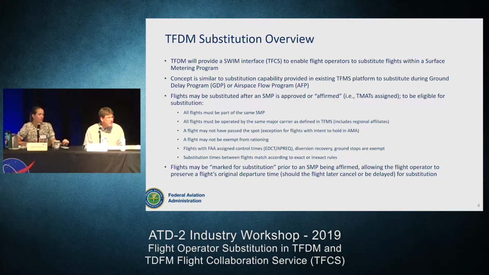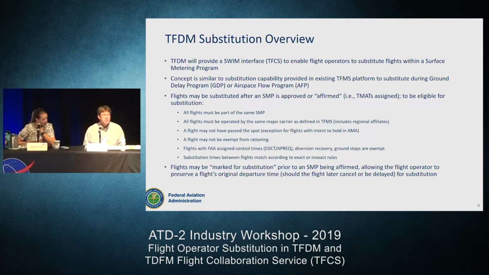So in TFDM, when you substitute in the IOC through the SWIM platform, will that automatically now feed over into the departure metering program? Because you say those are now static. So it's going to be through TFCS. There's several different feeds within SWIM.